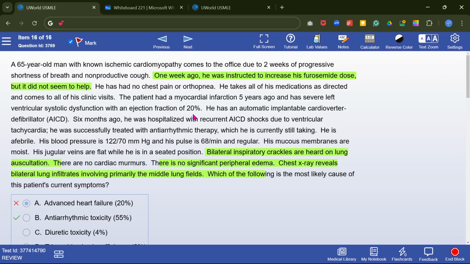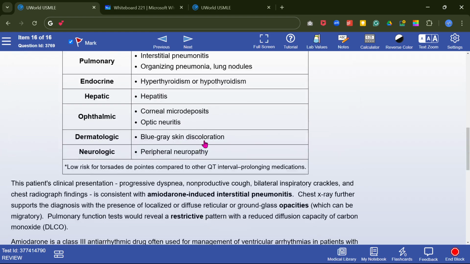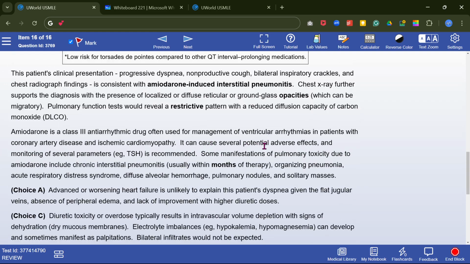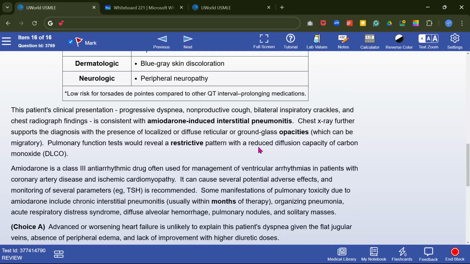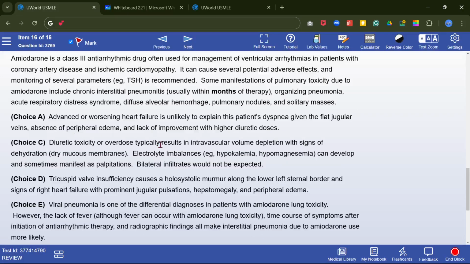Antiarrhythmic toxicity. This is a very high level. One week ago he was instructed to increase the dose. So how will you diagnose amiodarone toxicity? Clinical presentation: progressive dyspnea, non-productive cough, bilateral inspiratory crackles, amiodarone-induced pneumonitis, and a restrictive pattern.